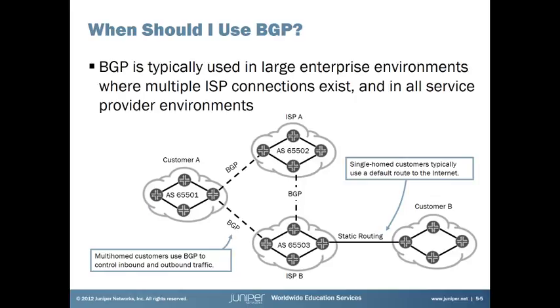If I didn't use BGP, how would I connect to more than one ISP? Have we looked at anything like this before? So I've got more than one ISP, and I've got connections to both. Do I therefore have to use BGP to manage that?